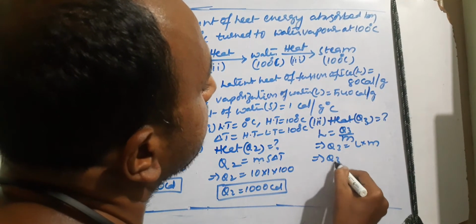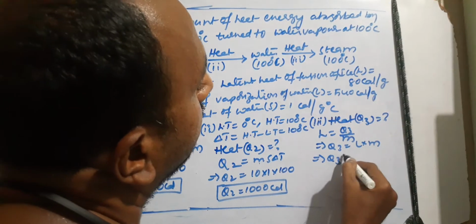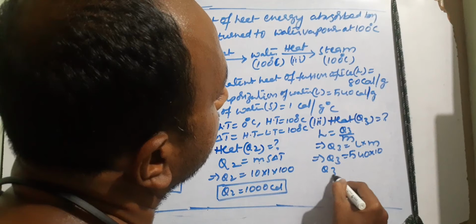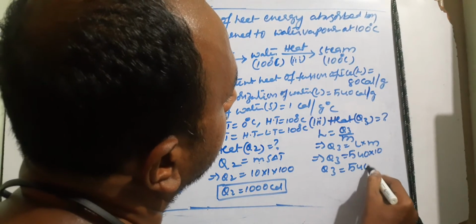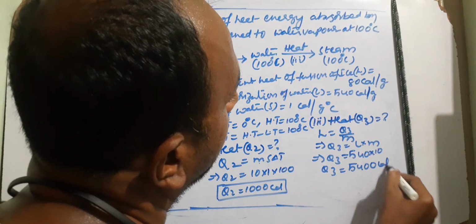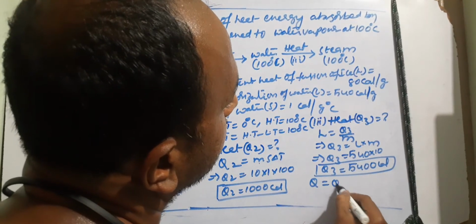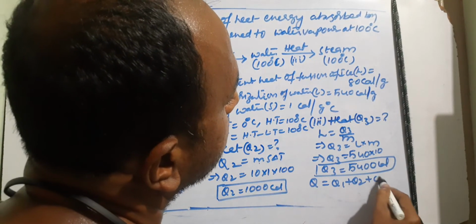So Q3 is equal to the L value 540, and M is 10. So Q3 is equal to 5400 calories. Now the total amount of heat is Q1 plus Q2 plus Q3.